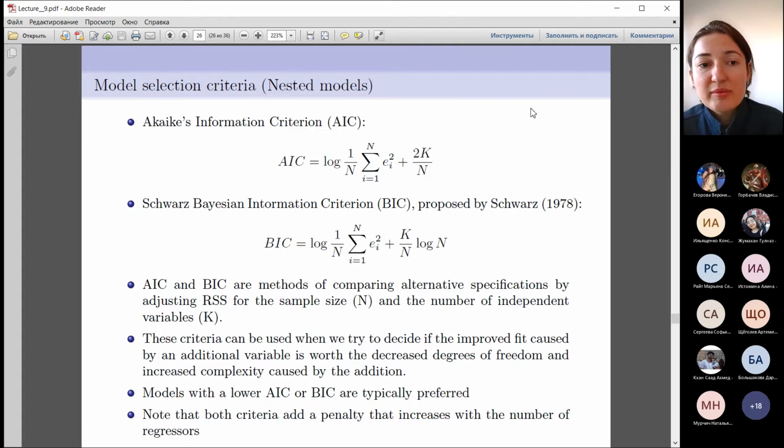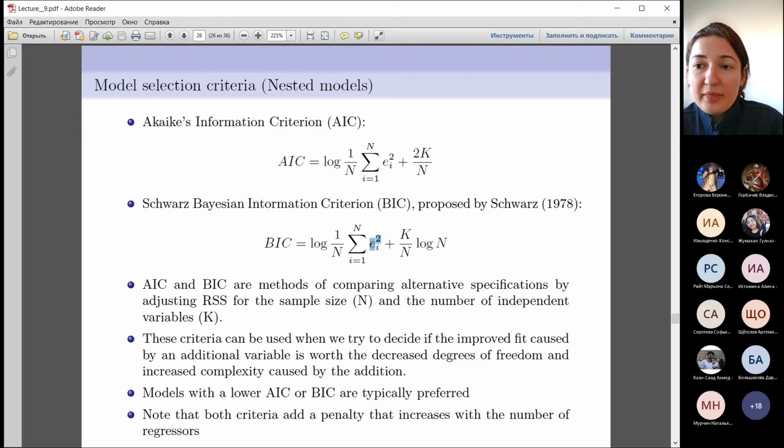And we have two information criteria, Akaike's information criterion and Schwarz-Bayesian information criterion. But you can use just the abbreviations AIC and BIC. You can notice that this is not a real test, because both of these criteria are based on the adjusted residual sum of squares. You can see the residual sum of squares here.